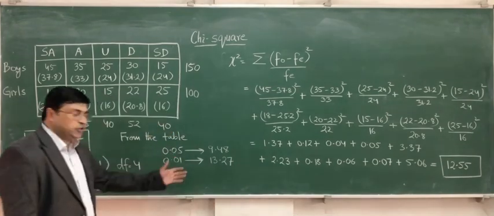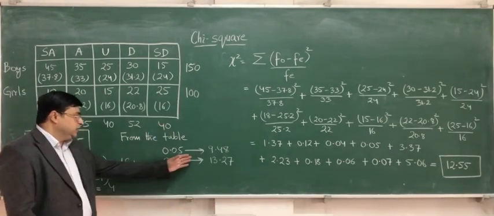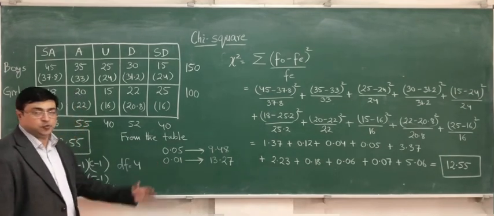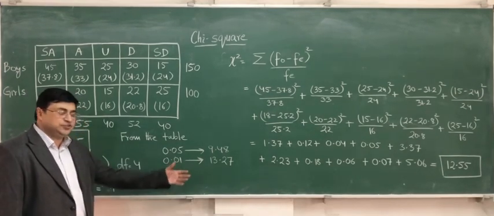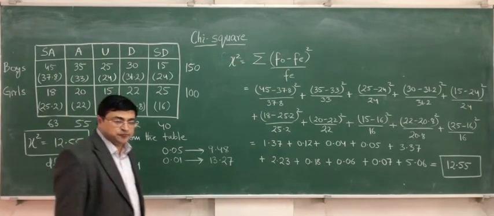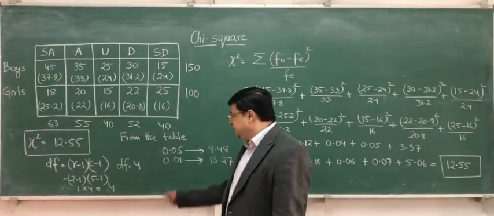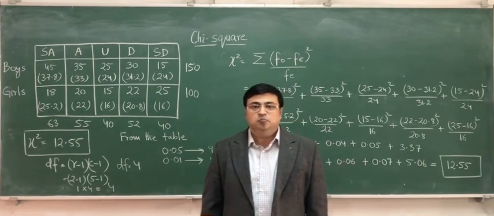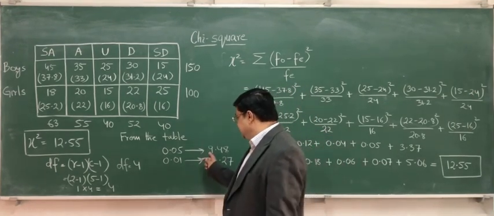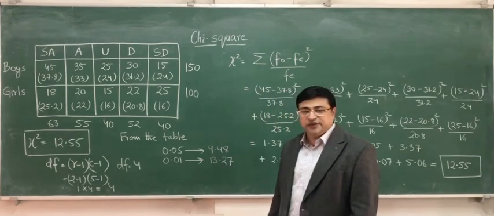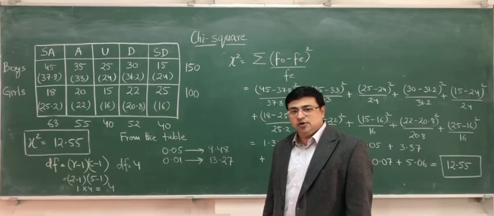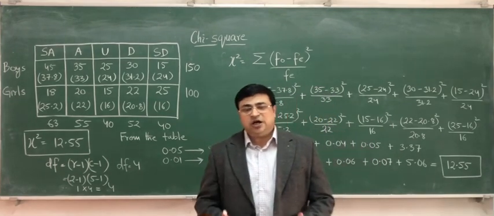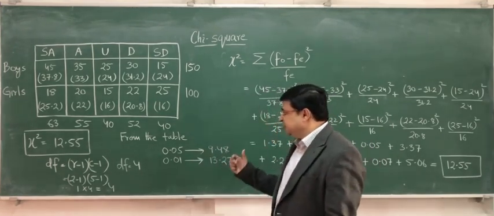At 0.05, the table value is 9.48, and at 0.01, the table value is 13.27, and our calculated value is 12.55, which is more than the table value, significant at 0.05, that is 9.48.